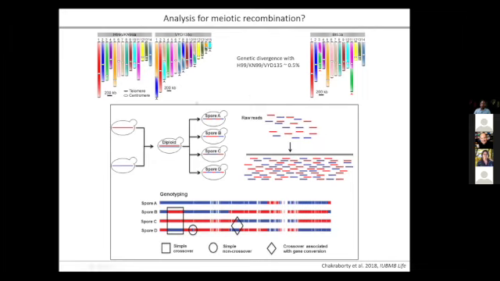So in the case of a normal cross, you have this diploid zygote, which forms these spore chains, and they undergo meiotic recombination. So their genomes have a mix of both parents. You can sequence them using Illumina, map them back to the reference, and you see these signatures where part of the genome is coming from one parent, but then there is another part which is coming from the other parent. And you can detect it by looking at those.